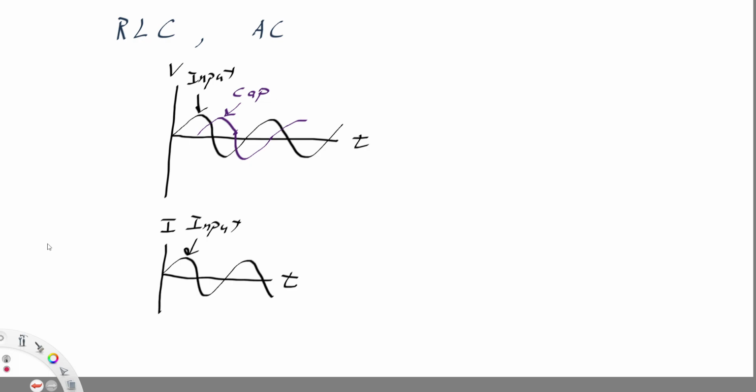The current across a capacitor will be just fine, but it takes time to change the current across an inductor, so the current across the inductor will be behind. And when you do your RLC lab in a week or two, you'll be measuring these lags, which I think is pretty cool.